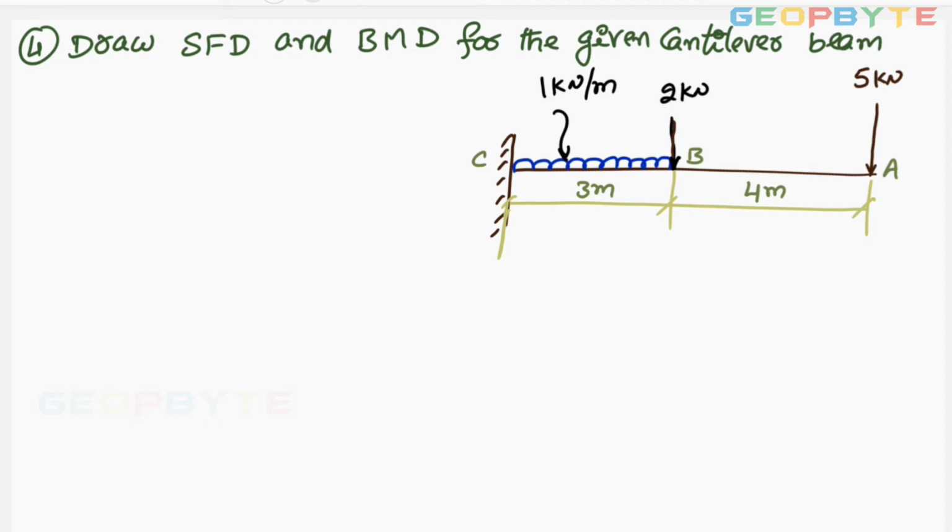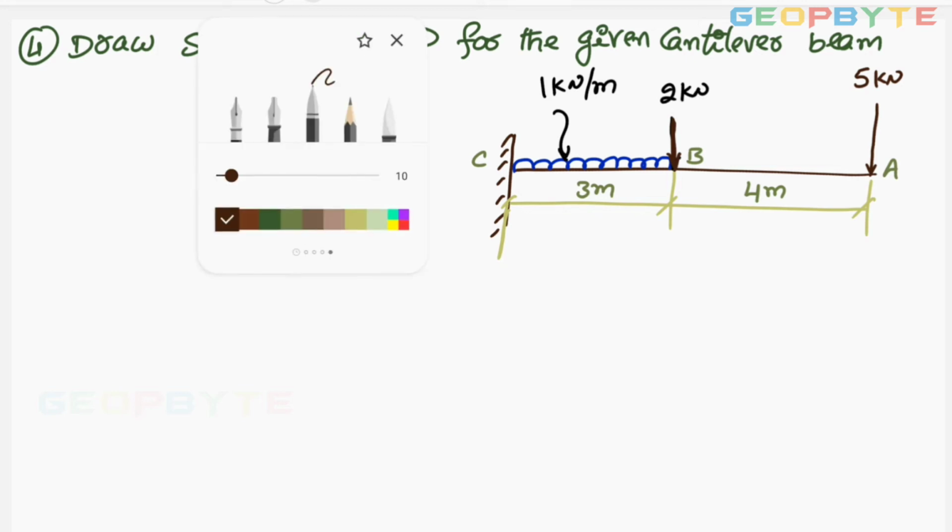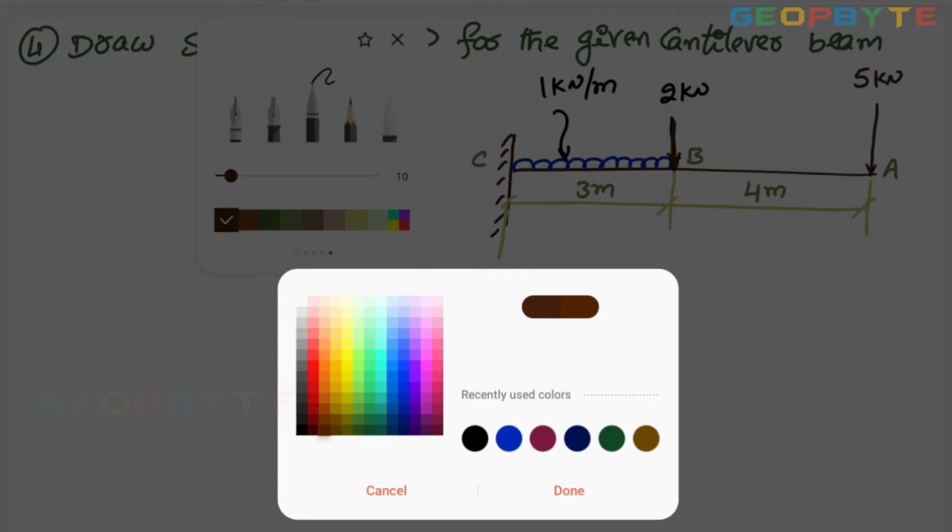This is also a point load, 2 kilonewtons at B, at a distance of 3 meters from the fixed end, and 1 kilonewton per meter is the UDL for a length of 3 meters, in between C and B.